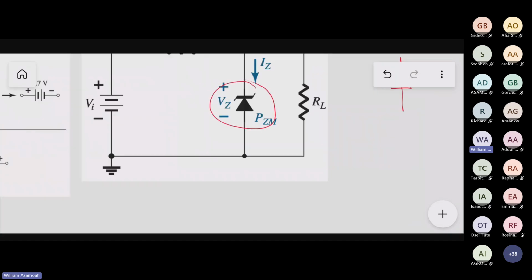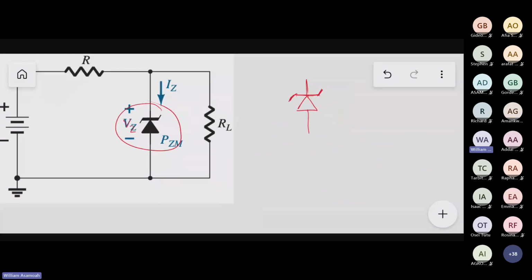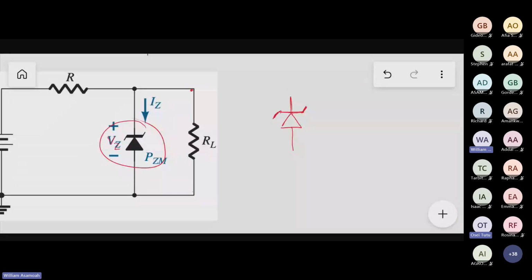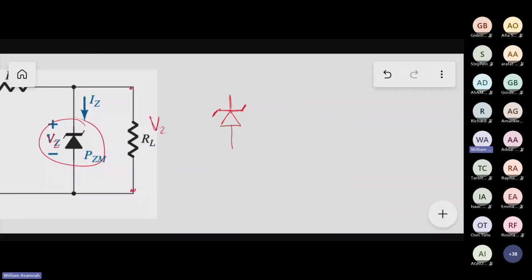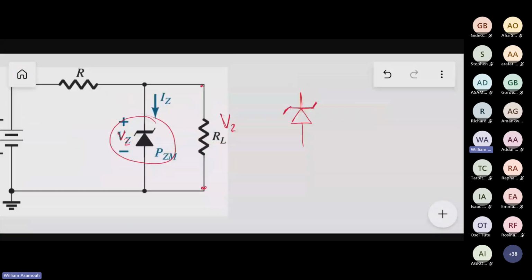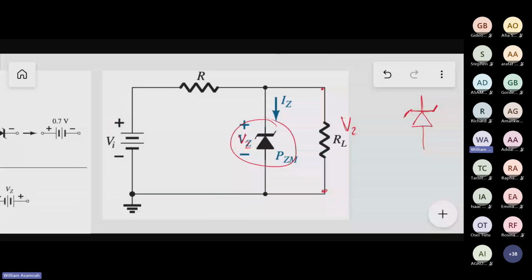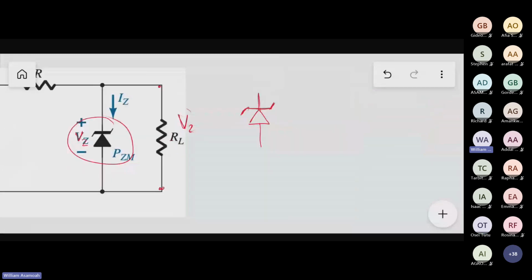Any device you connect to it will be in parallel to that Zener diode, and it will latch that VZ. So that device too will get that constant voltage of VZ. For Zener diodes, we make sure that it stays there, it doesn't change. As long as you operate that device, regardless of the changing VI here, this guy will make sure this one is getting VZ fixed without changing.